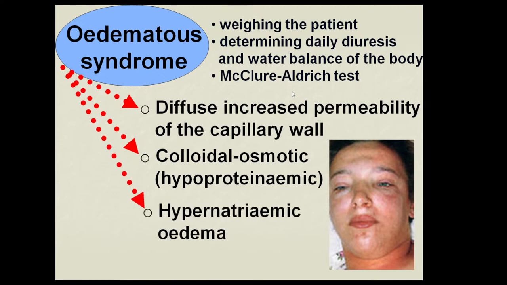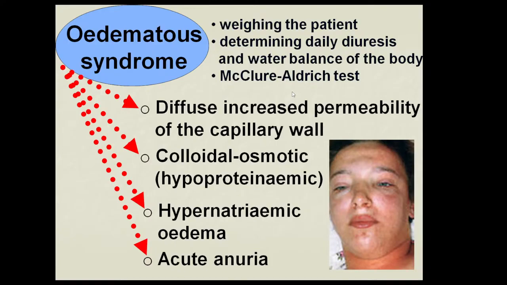Hypernatremic edema, when the level of sodium inside the body increases and, due to regulation, liquid goes outside the vessel and is held inside the body. And anuria, acute anuria. You understand? No urination, so liquid is held inside the body.